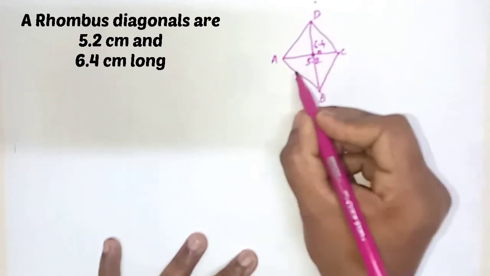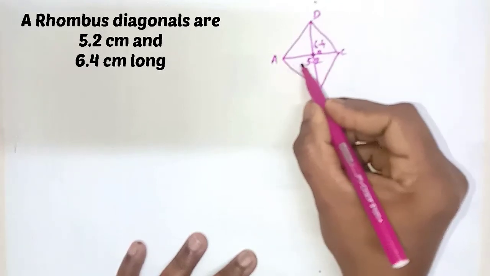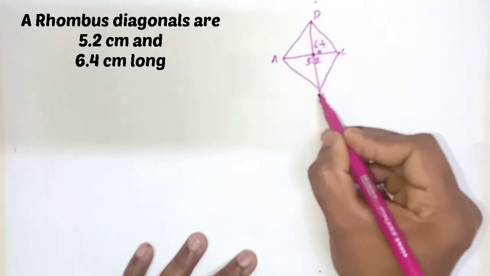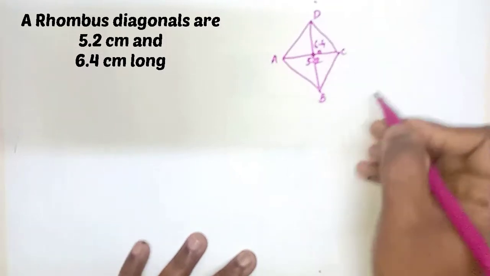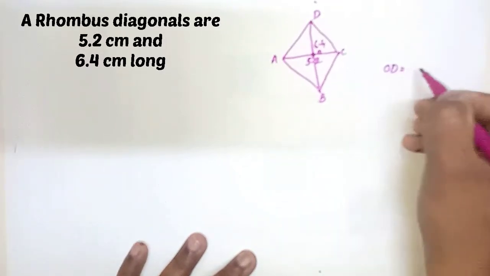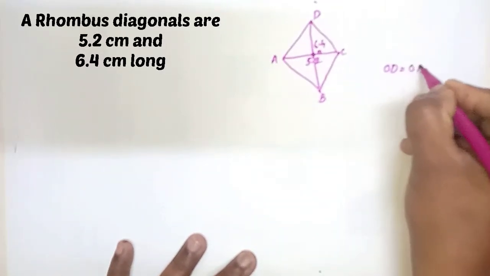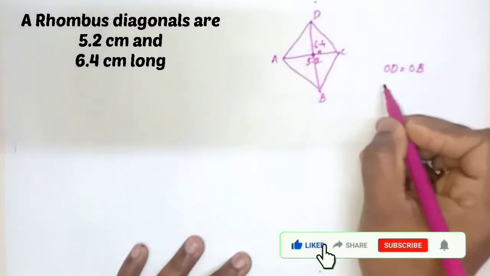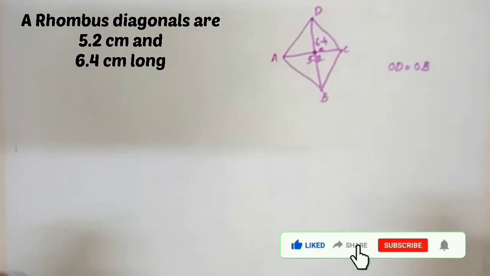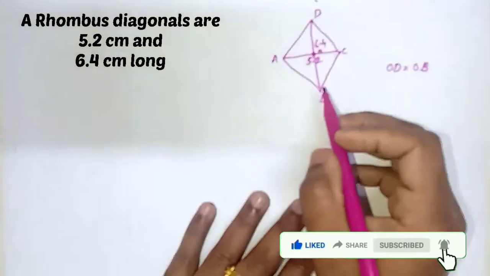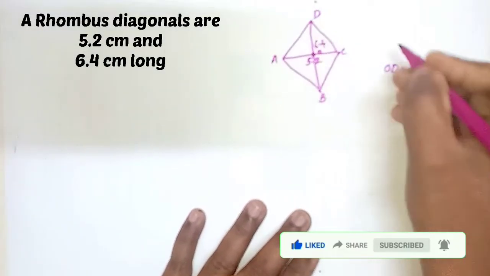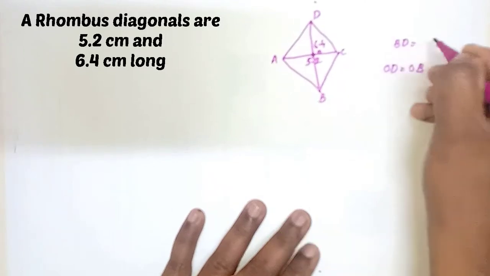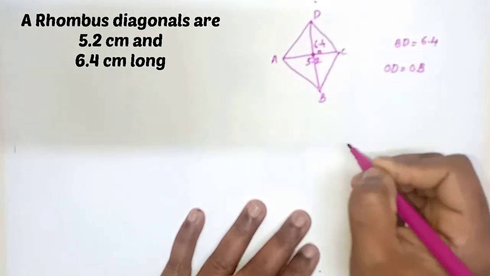So they are perpendicular bisectors of one another. So OD is equal to OB. Bisect means dividing into exactly equal parts. So BD is equal to 6.4 centimeter.